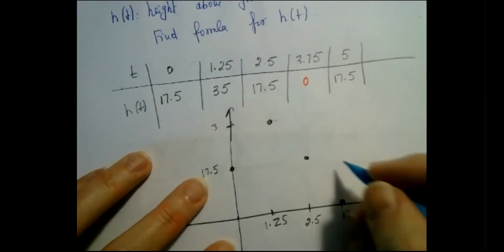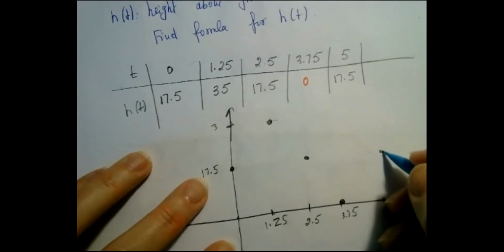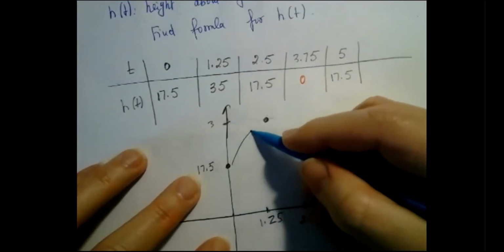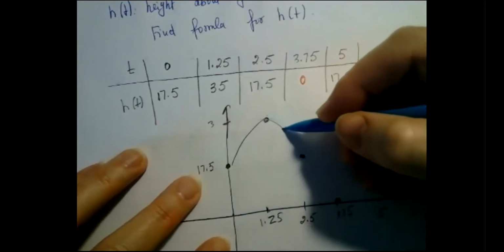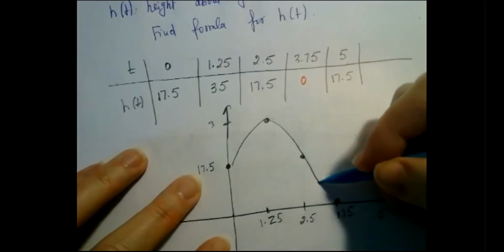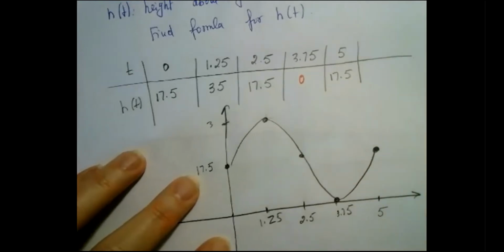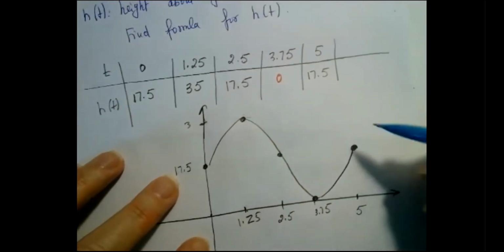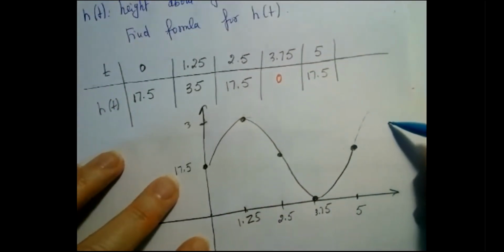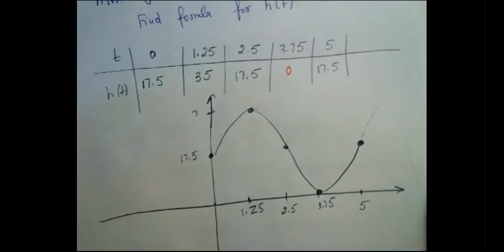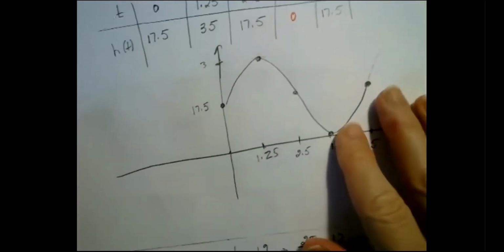And then at 5, I am back right here. Okay, now we're going to connect the dots. The graph looks like this. It goes like that. It goes down. And it backs up. So that's the height. And then, of course, if we take another revolution, my graph is going to repeat the same. So now the question is, let us find the formula that fits this graph.